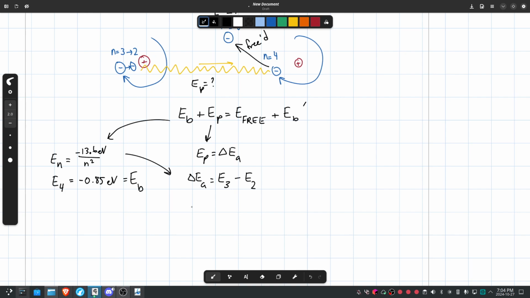So we're going to get that delta EA is going to be negative 13.6 over 3 squared minus negative 13.6 over 2 squared. I may have accidentally flipped that. Let's see. I have 13.6, 2 squared. So change in energy of A is 1.89 eV.